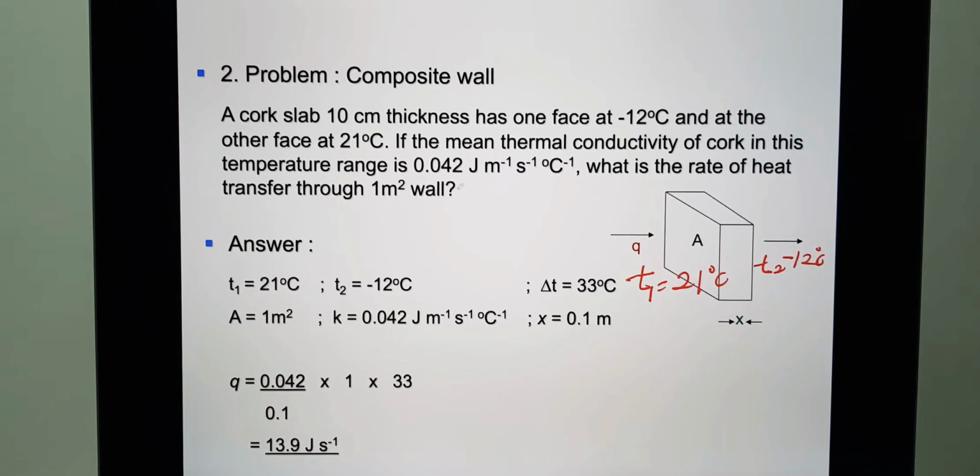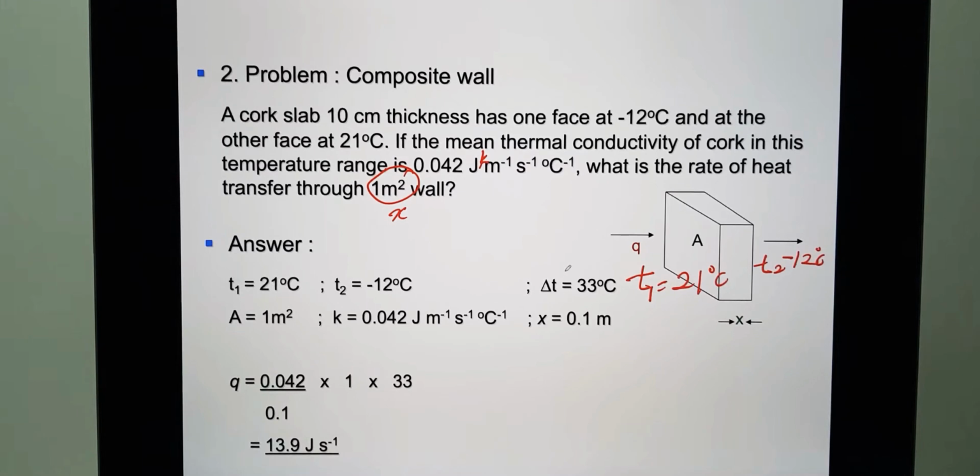Okay, so the thermal conductivity, K, is 0.042 joule per meter second degree Celsius. Alright, so the area is 1 meter square, and this one is the thickness, X. Okay, so these are the given values from the problem statement.